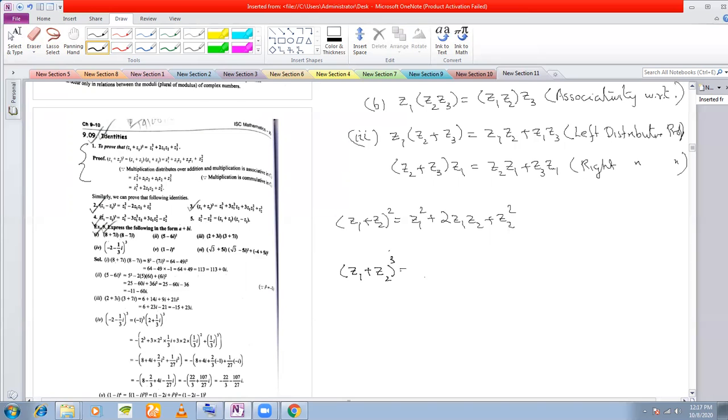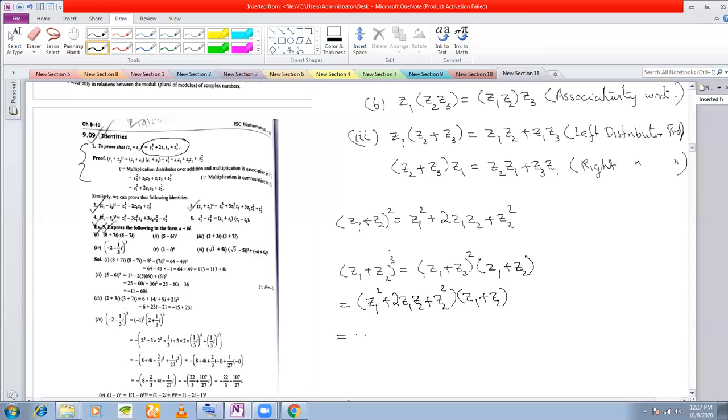Z1 plus Z2 whole cube can be written as Z1 plus Z2 whole square into Z1 plus Z2. I'll continue for 3 more minutes. So you expand now. You have already seen that Z1 plus Z2 whole square is Z1 square plus 2 Z1 Z2 plus Z2 square, into Z1 plus Z2.